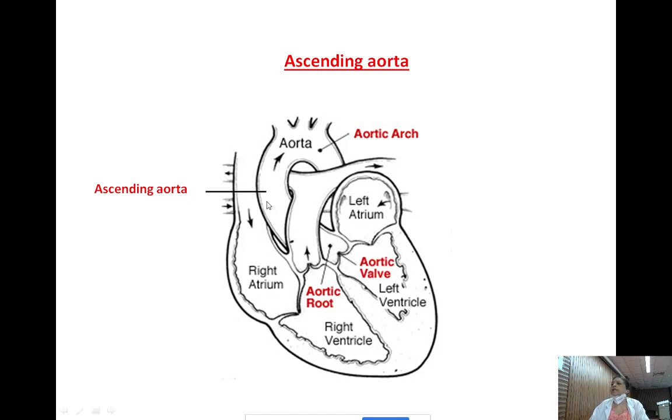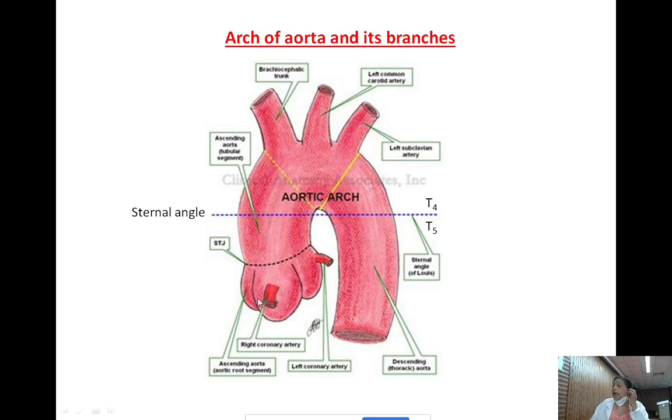Okay, so there is a twist. Initially it was behind, then it comes to its right side and to the front and reaches up to the sternal angle, and then the arch of the aorta starts. Now this ascending aorta, where it starts, has three semilunar valves, known as the aortic cusps, and between the aortic wall and the aortic cusp there is a dilatation.